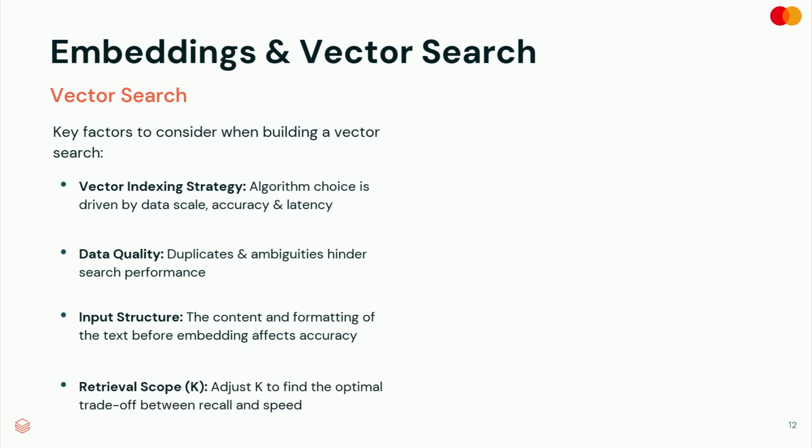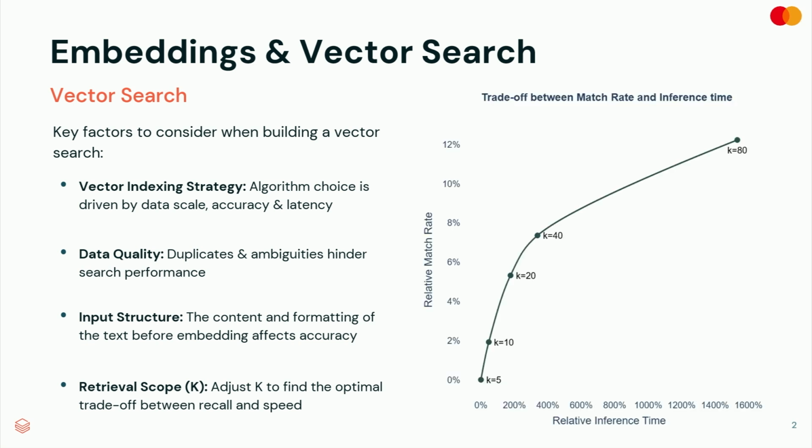This is not really related to building the vector search, but K is the number of candidates that you are retrieving. In this figure, on the x-axis, we have the relative inference time to the baseline where we selected 5 candidates, and on the y-axis, we have the relative match rate to the baseline of 5 candidates. As I said, the sweet spot for our use case is K20.